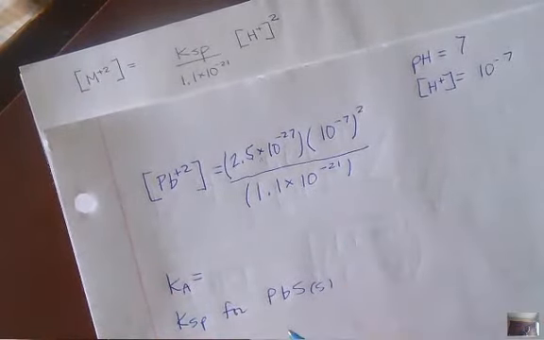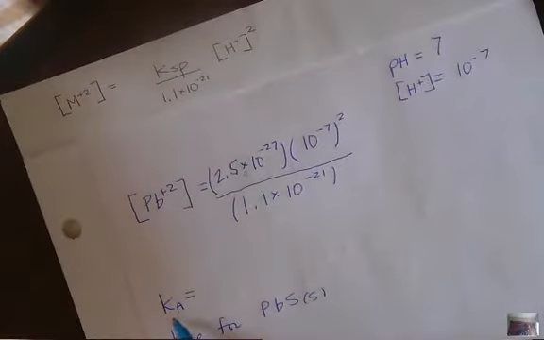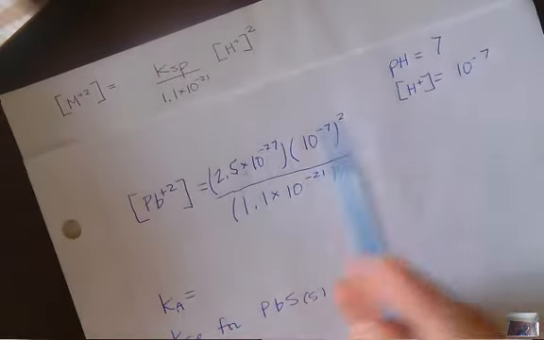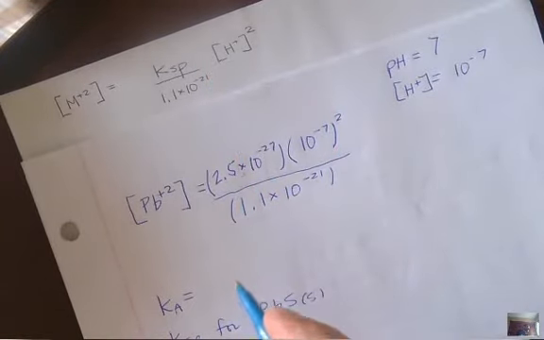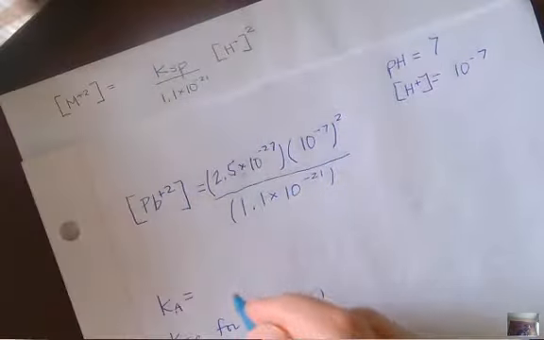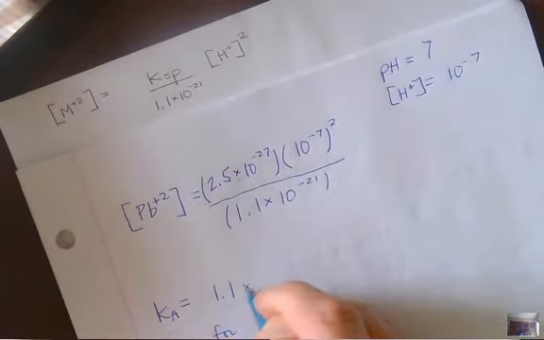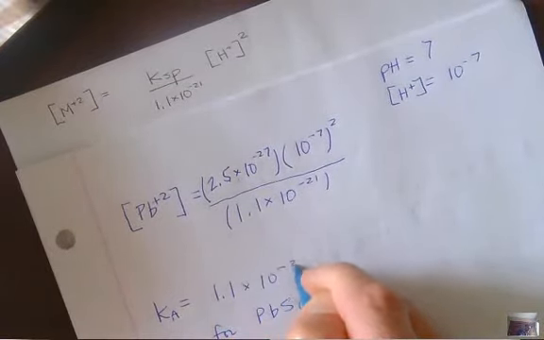So the amount of S minus 2 is very small. Let me give you that Ka, the overall Ka. All right, the overall Ka, capital A, for H2S to lose both of its protons and make sulfide minus 2 is 1.1 times 10 to the minus 20th.